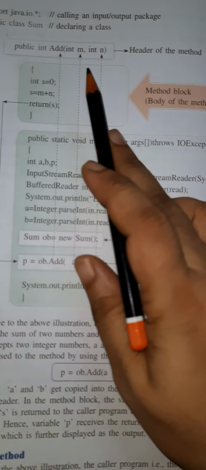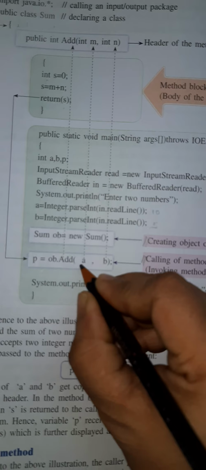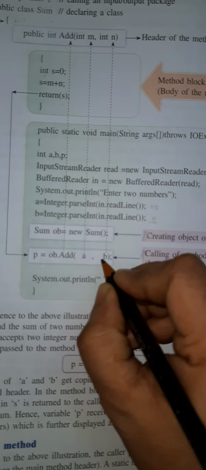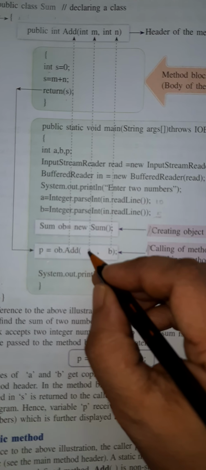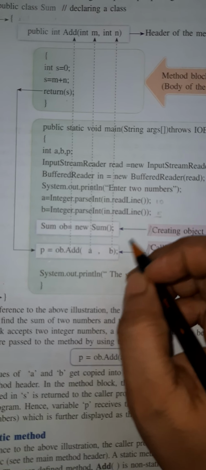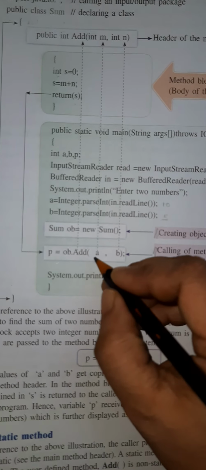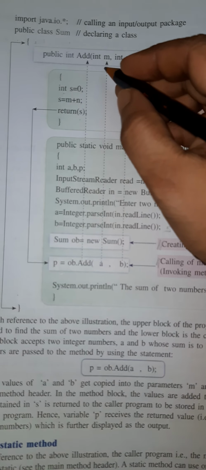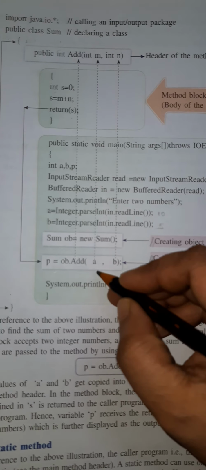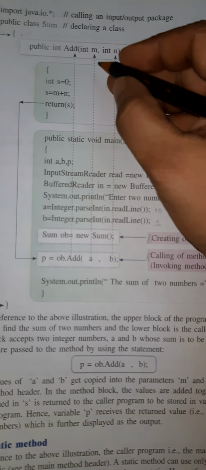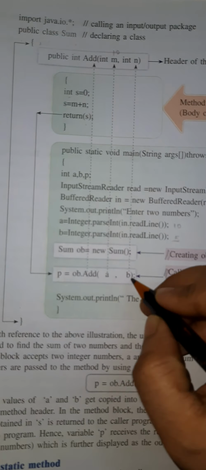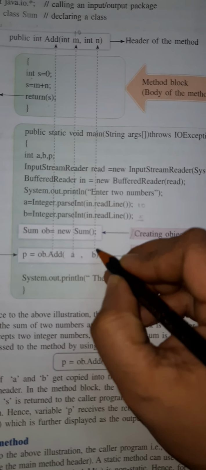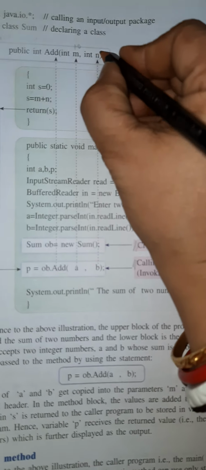Here we are not giving the data type, just the values. So a has the value 10 and b has the value 5. The first position is a, so a goes to m, so the m value will be 10, and b has the value 5, so it goes to the second parameter, which is 5.